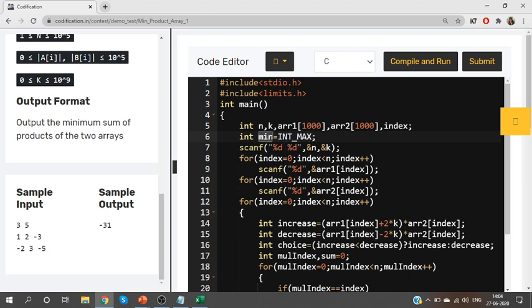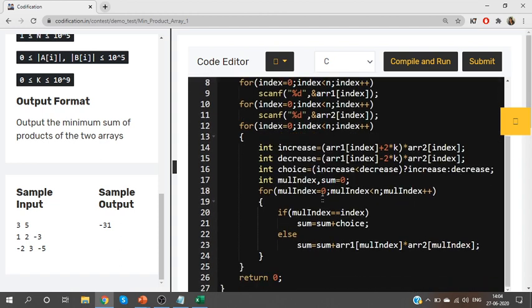Minimum should not be initialized with 0 guys, because I may have a negative value also. So don't initialize it with 0 or don't initialize it with 100 or 200. Choose the highest possible value. So highest possible value is int max, which is why I'm using it. If you have doubts about it, I'll clarify it in the doubt clearing session.